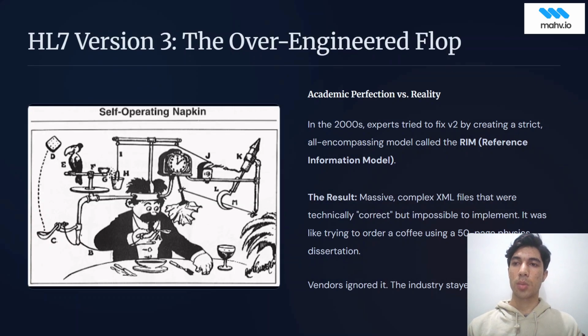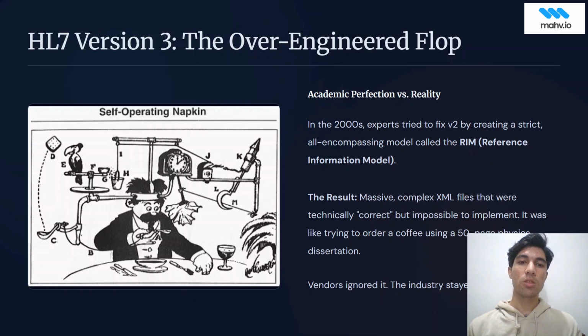So to solve this problem, HL7 version 3 was created in the 2000s, and it tried to fix the flexibility problems of version 2, and it created a strict, all-encompassing model and called it RIM, which is basically a reference information model.